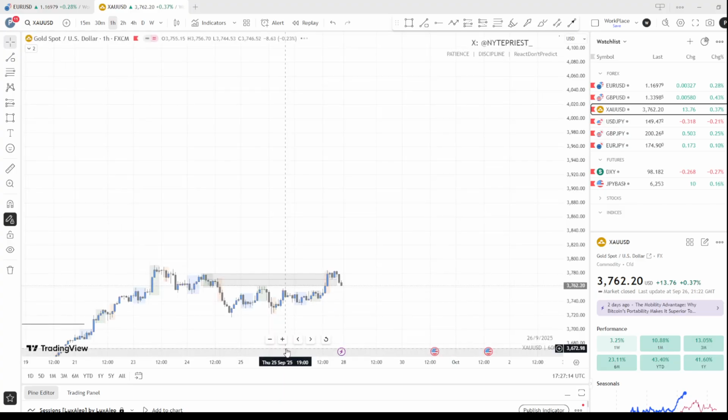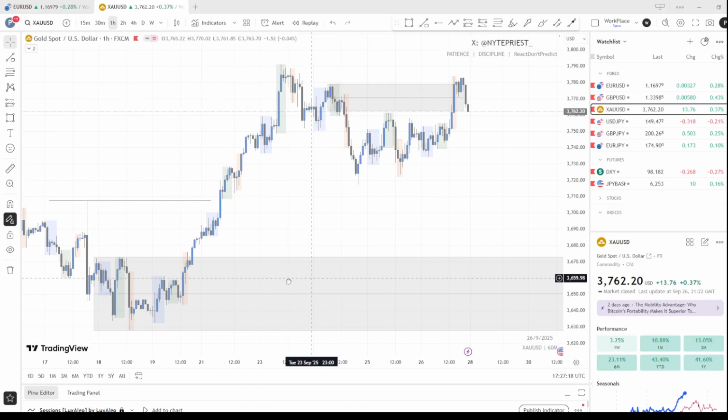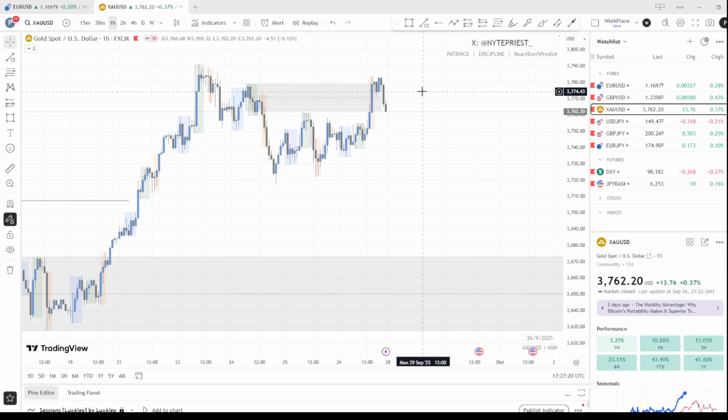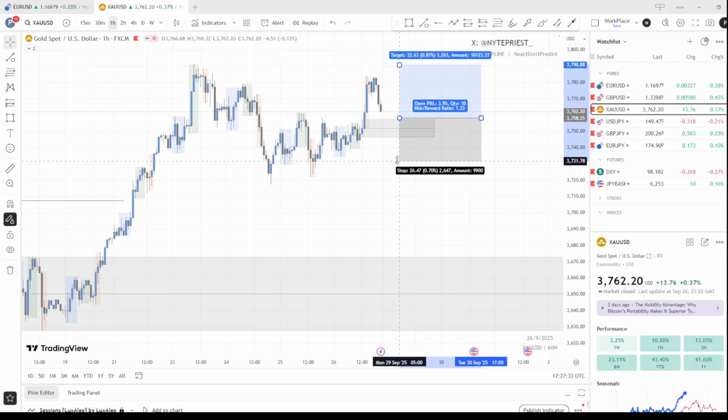So after having that supply fill, I'll be anticipating price to get into this other block, and then I'll buy, with my stop loss here.